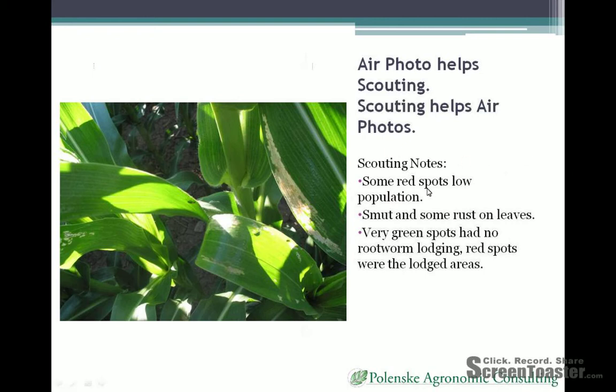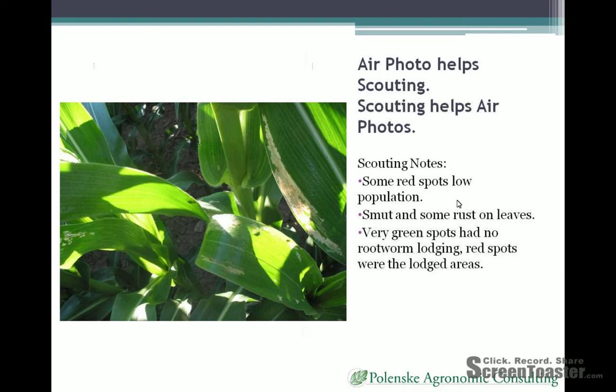Also, another comment I had a couple times was that smut and some rust was on the leaves. So what this showed is that rust, or smut in that case, was out there, and a nutrient application may help, but what the field really needed was a fungicide.